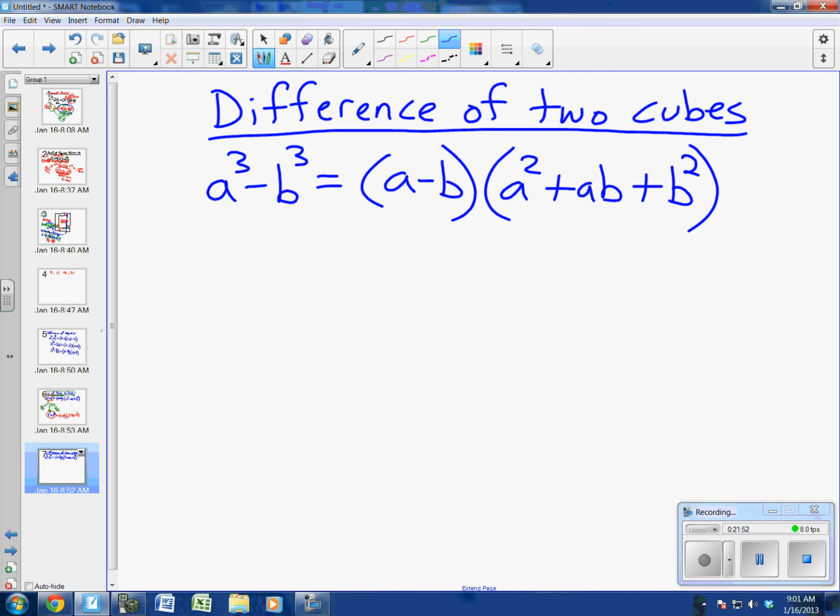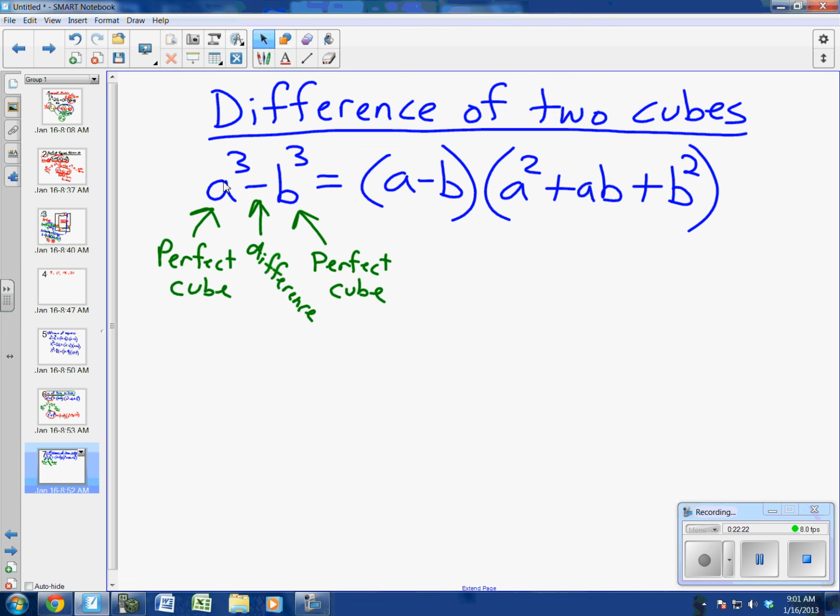Right here, that is a perfect cube, right? Right there is a perfect cube. And right there is a difference. Got it?